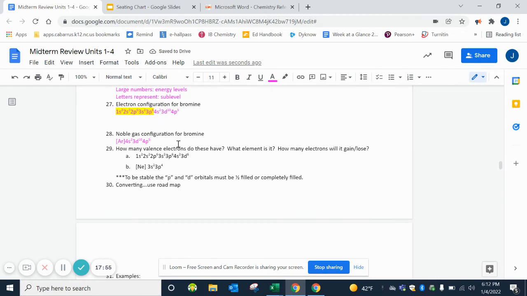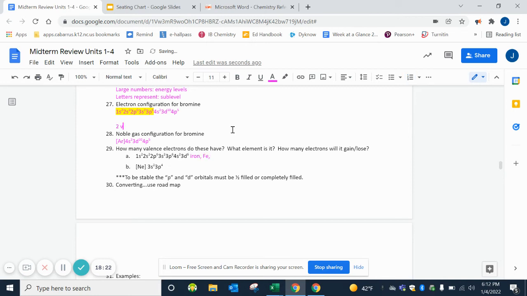Number 29, looking at these and trying to figure out the element, you could add up all the exponents if you wanted, 2 plus 2 plus 6 plus 2 plus 6 plus 2 plus 6. Or you can look at the fourth row and go across 4s2 and then 3d and count to the 6th element, and you would be iron, which is Fe.